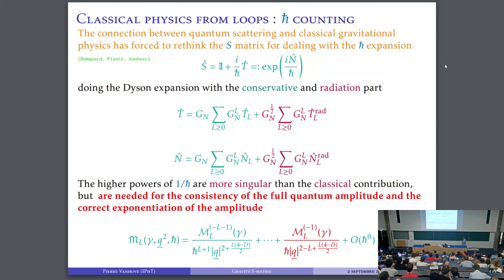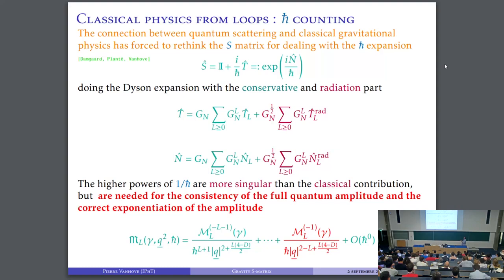So what you do is you have your S matrix. Usually you write it as 1 plus the T matrix. In fact, if you just exponentiate it, you have an operator N that has a piece with integer powers in G Newton and a piece with half-integer powers in G Newton.